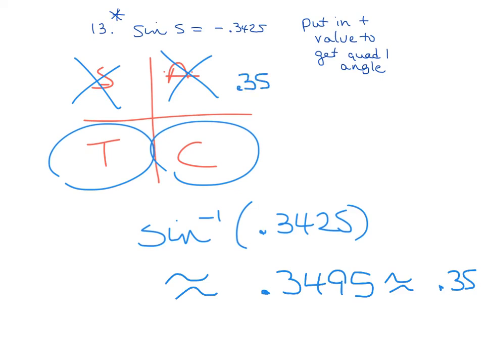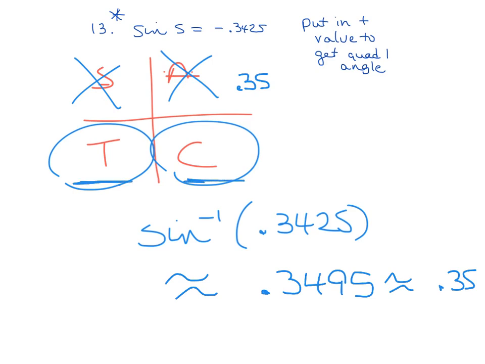Notice in my answer, I don't want to list that. Some of you did this on the last test. I only want you to list where it's a valid angle measure. And that's only going to be quadrant 3 and quadrant 4.